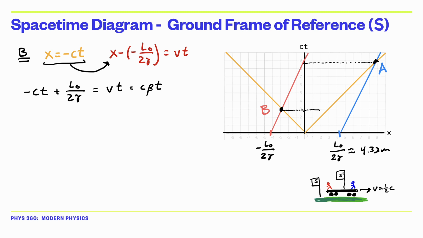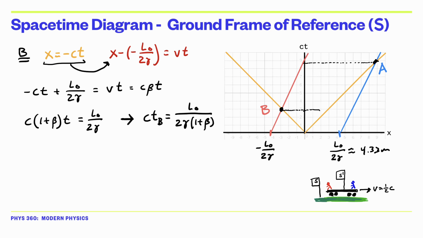We substitute V equals c times beta to write the equation in terms of beta, group the t's together, and factor out a c to write c times the quantity (1 minus beta) times t equals L0 over 2 gamma. Solving for ct at event B gives ct_B equals L0 over 2 gamma times the quantity (1 plus beta).